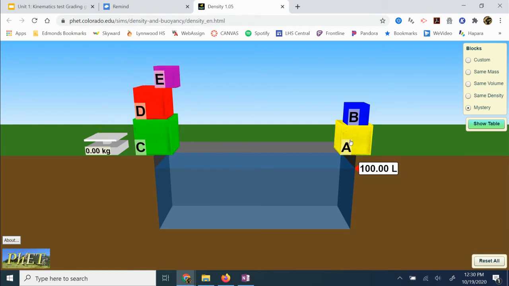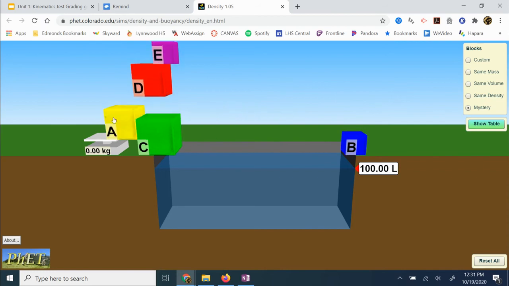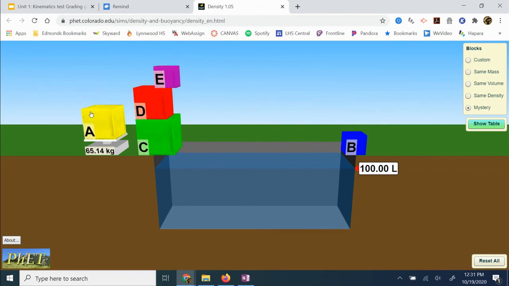Can I grab A? Okay, so let's start with A. So we'll just do these in order. So the mass of A is 65.14 kilograms. Okay, so make sure you write that down. We'll take that and we'll put it in the water. First up, we know that it doesn't float, so the water went from 100 to 103.38.